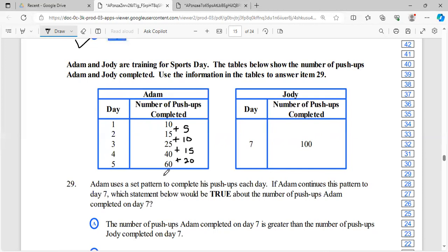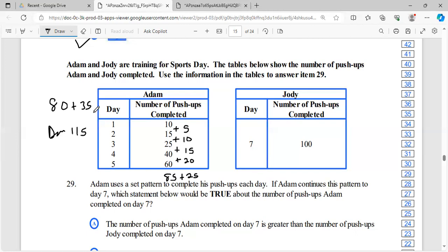So he's going to end up at 85 for day 6, right? Because you're going to add 25. And then for the last one you're going to add 30 to 85. So he's going to do 35. That's our 115. So on day 7 he completed 115.